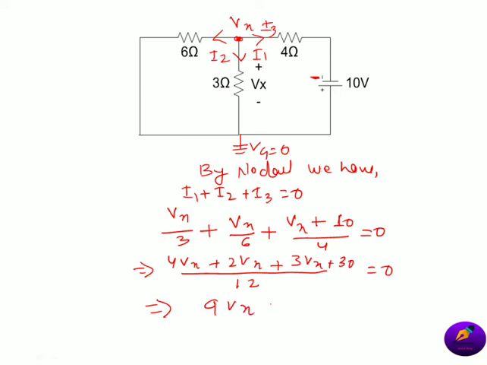Here this side is plus 30, we will move it towards the right hand side, it will become minus 30, and therefore Vx is equal to minus 30 divided by 9, which is equal to minus 3.33 volt.